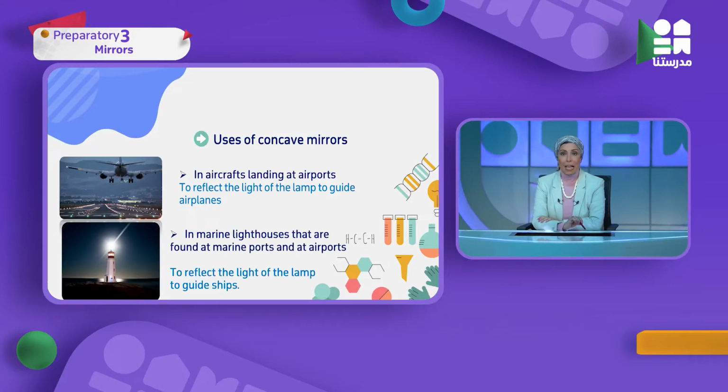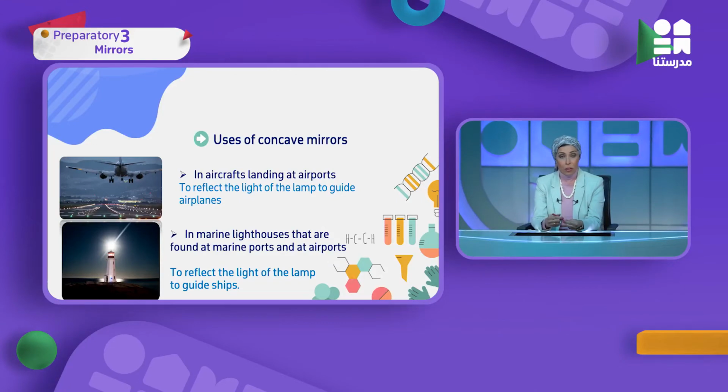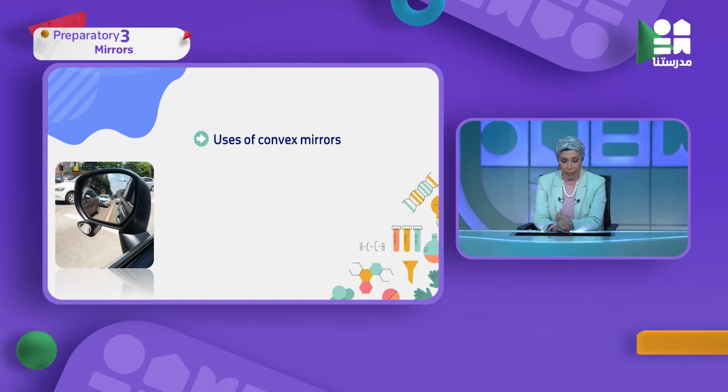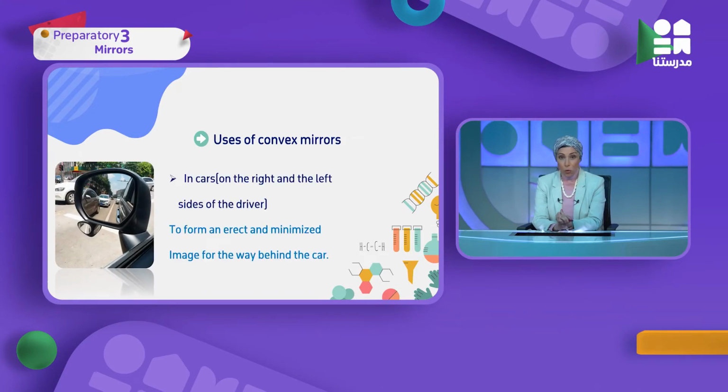Also in the marine lighthouses. What's meant by the marine lighthouses؟ الفنار. In the sea we have marine lighthouses that make برضو reflect the light so we can see the dark areas very well. Here the uses all that we covered are the uses of the concave mirror. Don't be confused between them.